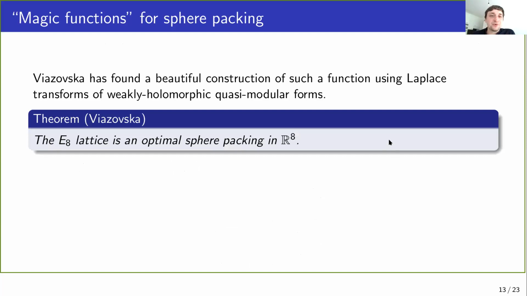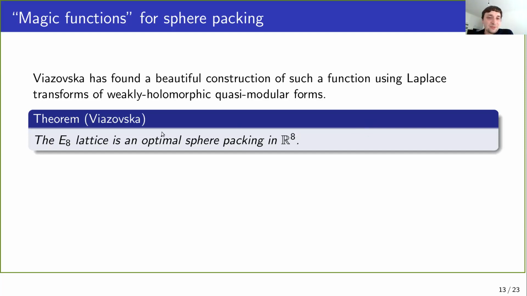So Viazovska has found a beautiful construction of such a function using Laplace transforms of weakly holomorphic quasi-modular forms. And jumping ahead, at some point in the talk, I will actually explain why, in hindsight, quasi-modular forms should have appeared.